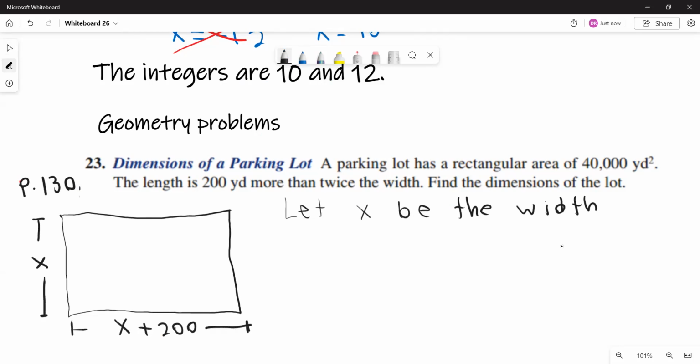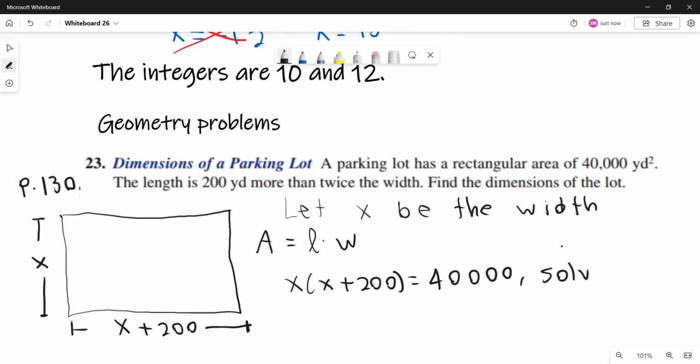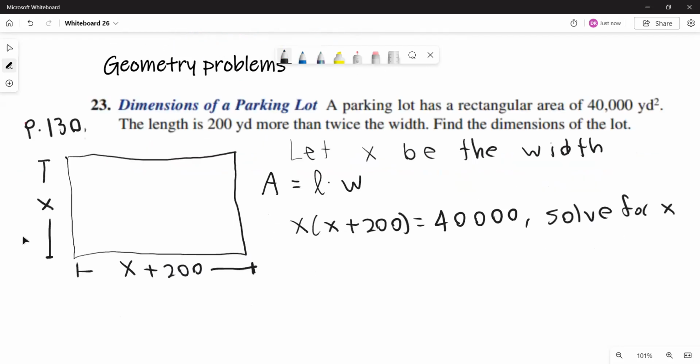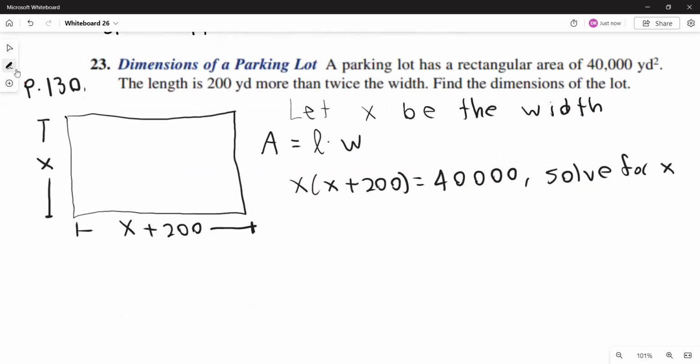And the area is 40,000 square yards. So we know that the area is length times width. So A, the area, is 40,000. We're going to solve for x. We're going to find two solutions, one that doesn't make sense. So we disregard the one that doesn't make sense and keep the positive solution.